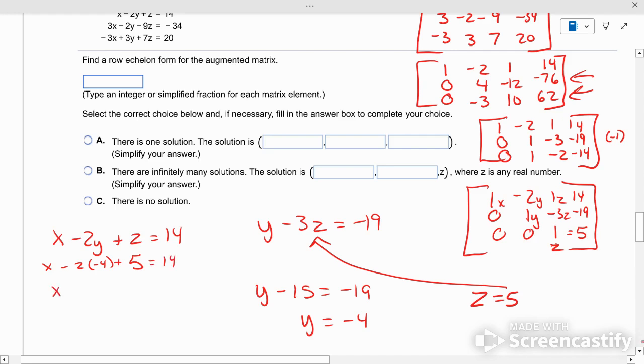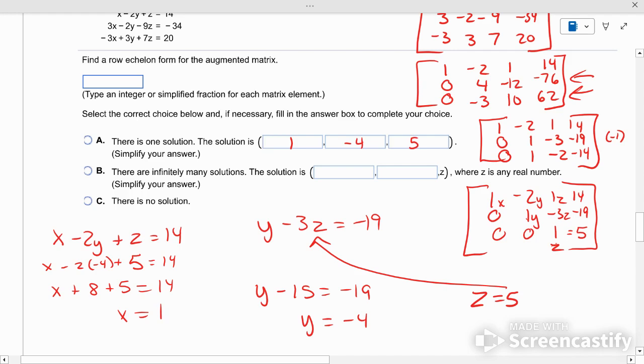So this is x, and this is 8 and 5. X equals 1. So the solution is 1 for x, negative 4 for y, and 5 for z.